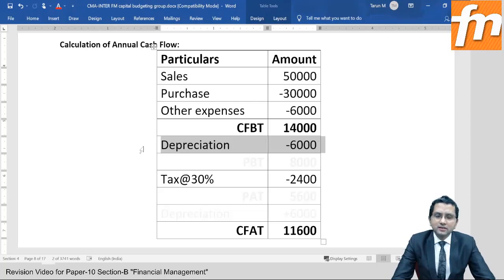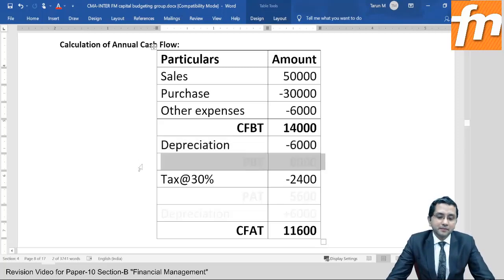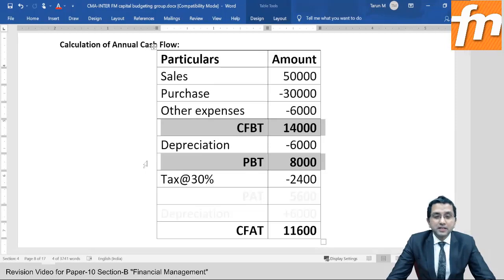Tax authority says, okay, you can deduct it. So definitely I deduct it to reduce my tax burden. See, this was my cash profit and this is my profit. What is the difference? Cash profit means before charging depreciation and profit means after charging depreciation.